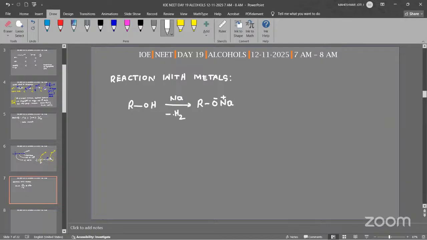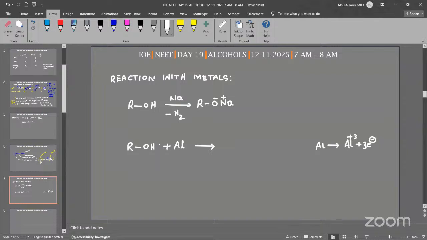See, this is half mole hydrogen gas. Now, the same alcohol, if it is allowed to react with aluminium. See, aluminium is trivalent. Aluminium can release 3 electrons and converts into tripositive ion, Al plus 3.